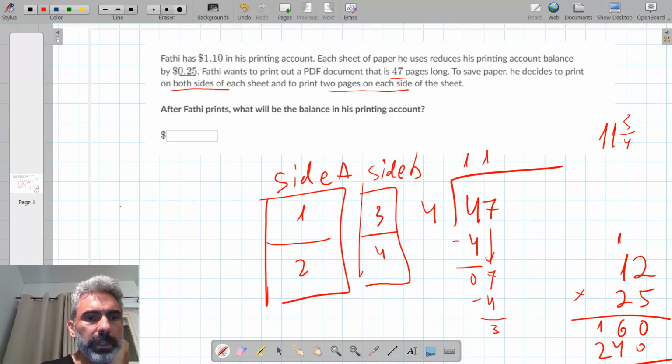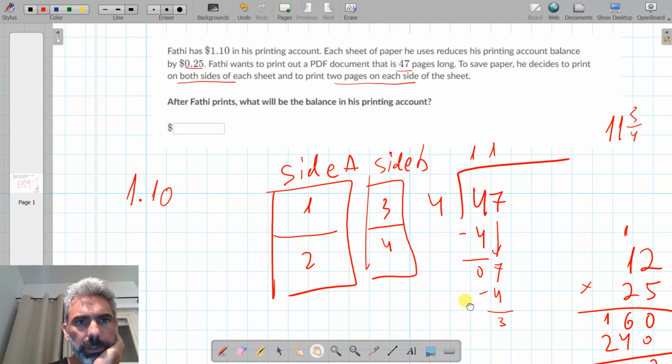So his initial balance is 1.10. He doesn't have enough money in his printing account. He needs $3.